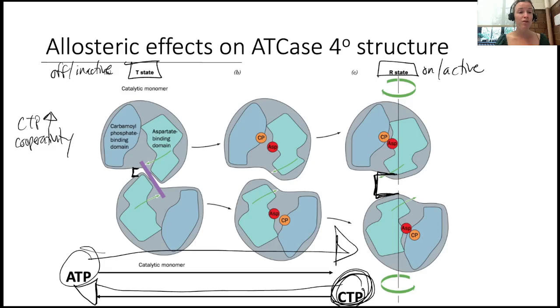If the subunits are interacting more, we have more cooperativity. And that is our first example of allosteric modulation. Up next, glycogen phosphorylase.